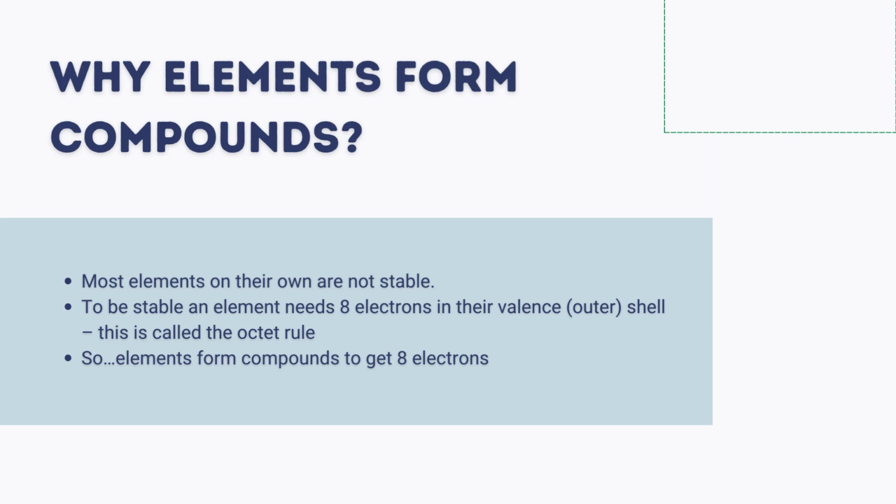By forming chemical compounds with other atoms, elements can share or transfer electrons, thus achieving this stable configuration of 8 valence electrons. Overall, the octet rule plays a crucial role in the formation and bonding of atoms, allowing for the creation of stable and diverse chemical compounds.